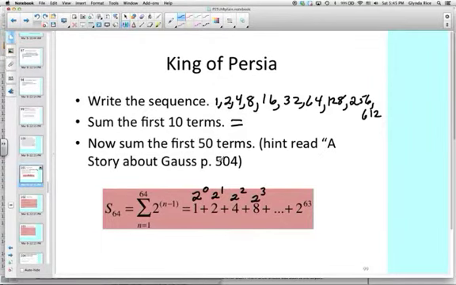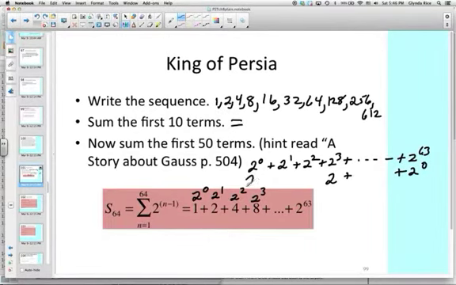Okay, now we want to sum the first 64 terms. Remember the story about Gauss, as you would line them up, you'd have 2 to the 0 plus 2 to the 1 plus 2 to the 2 plus 2 to the 3 all the way up to 2 to the 63rd. Then you line them up the other way, 2 to the 0.